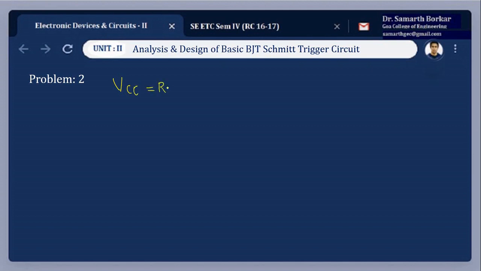VCC equals RC1 in bracket IC1 plus I1. So this will be the total voltage drop across RC1 plus I1 into R1 plus R2.